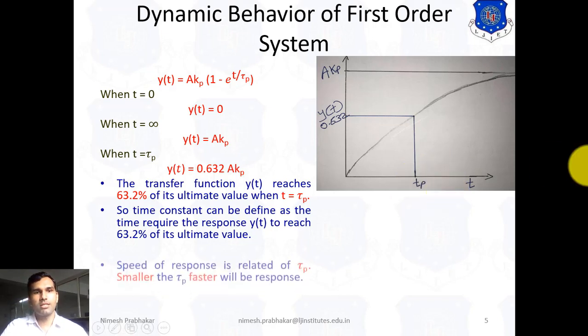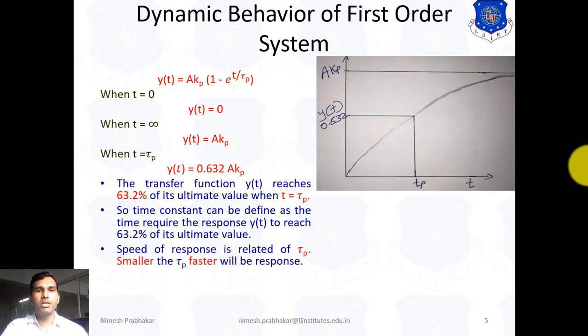For further understanding, the speed of response is related to tau_p. That means by using this phenomenon we can say the speed of the system or the response is related to the tau_p value. If tau_p is smaller, then the response will be faster, because the tau_p value is small.